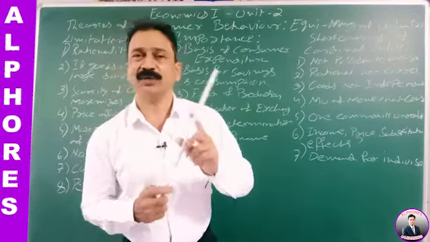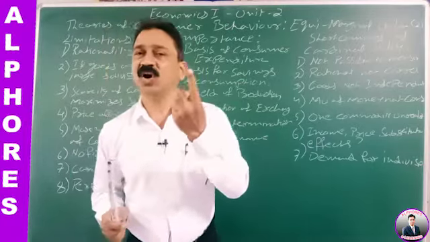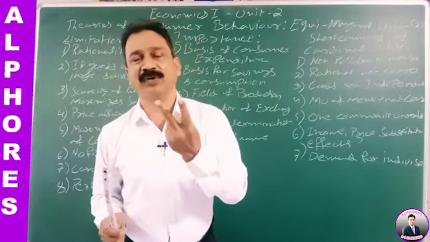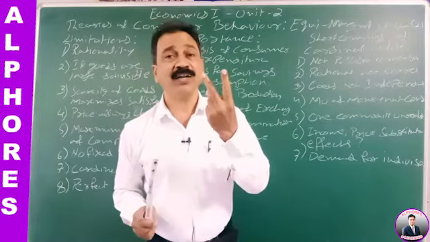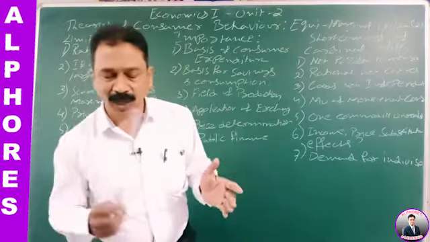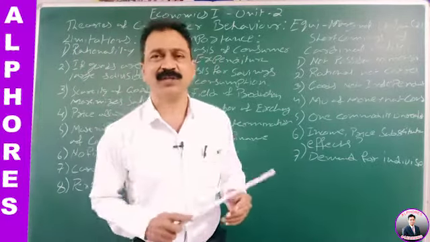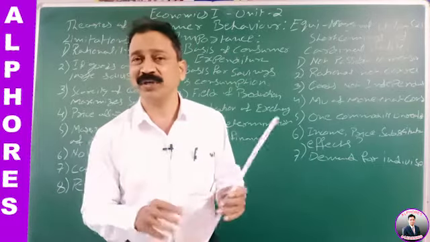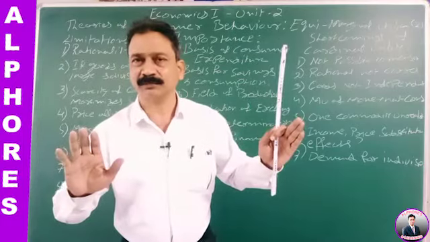That power is utility, and that utility can be measured at 2 levels: cardinal utility and ordinal utility. Cardinal numbers if you use cardinal utility, ordinal numbers if you use ordinal utility. I'm repeating these words again and again because you may forget, and some of you may be too intelligent and won't forget, but all the students are not equal.